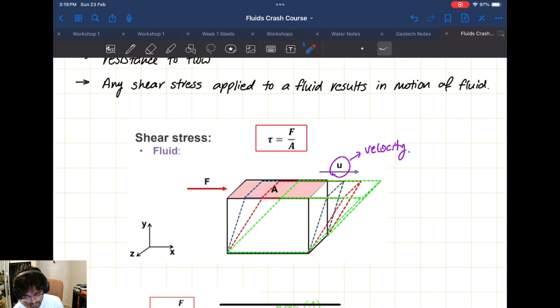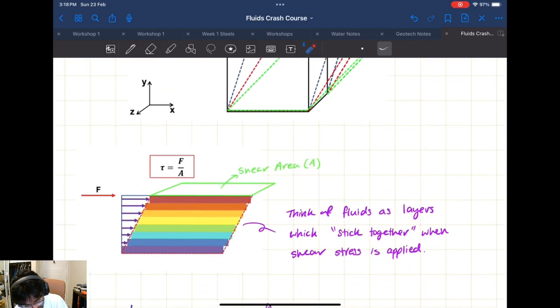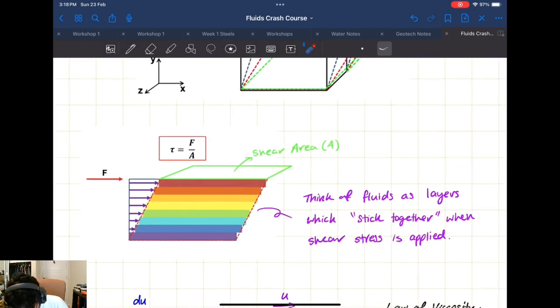And what also happens is that there's a shear stress that is induced within the fluid. One way you can think about this shear stress is to think of fluids first of all as individual layers which stick together. So this is the whole fluid block, but you can break it down into different layers, and there'll be some sort of shear stress induced within.